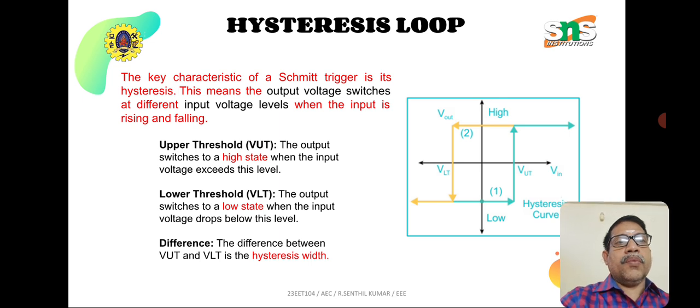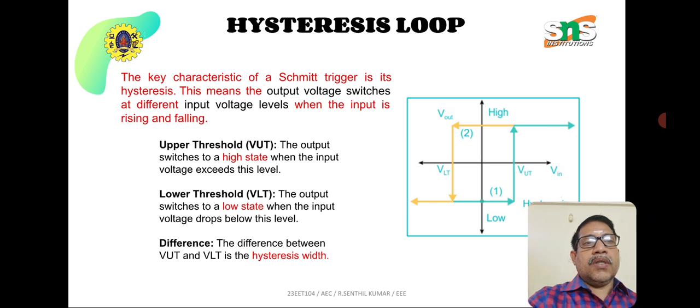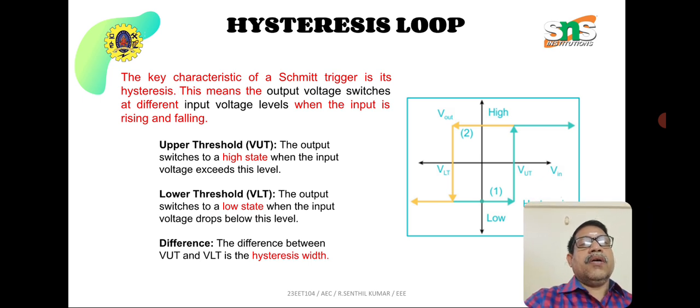Now see the BH curve of the threshold value, which is nothing but the hysteresis curve. For the green on the right hand side, the threshold value is set as an upper threshold value, VUT.